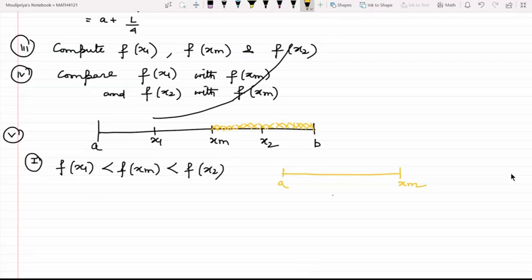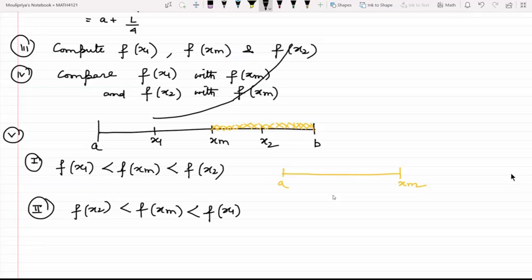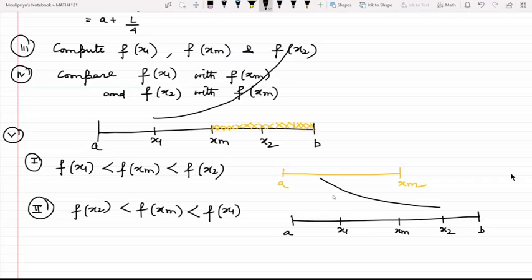The next probable case can be if f(x2) is less than f(xm) is less than f(x1). With A, x1, xm, x2, B, this implies the function is decreasing, right?